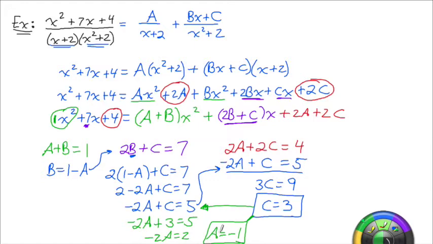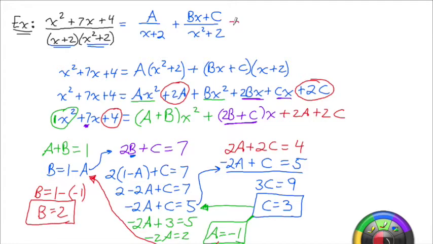And then to find b, I can take this one and bring it all the way back over here where there's a relationship between a and b, and say b is equal to 1 minus, and a is negative 1. And therefore b is equal to 2. And there's my a, b, and c.